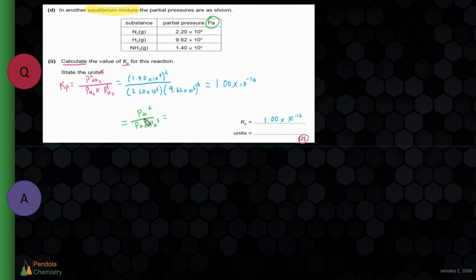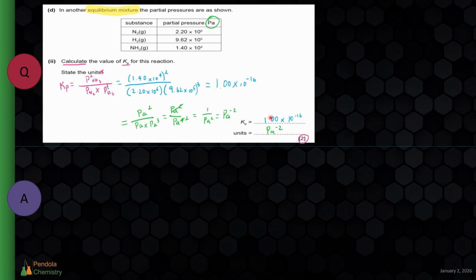Pascal squared over Pa to the 1 times Pa to the 3 gives us Pa to the fourth on the bottom. So the 2 cancels out with the 4 to give us 2 in the bottom. That's 1 over Pa to the second, or Pa to the negative 2.